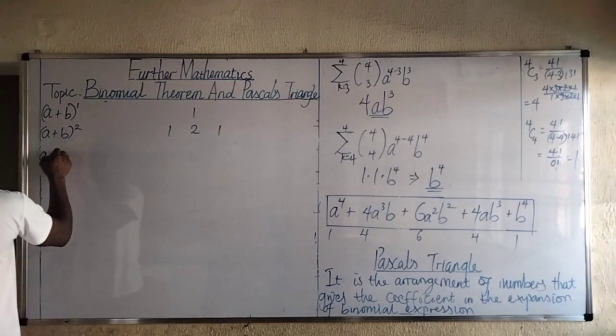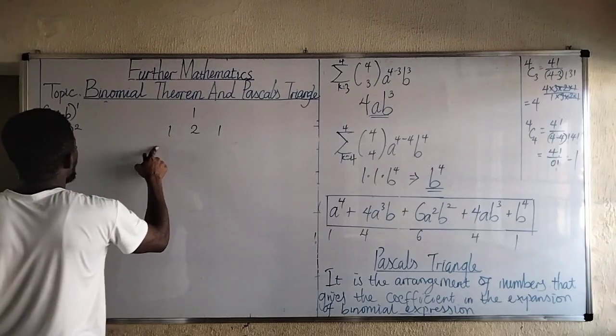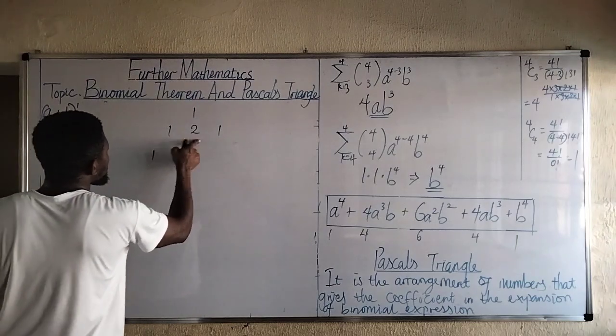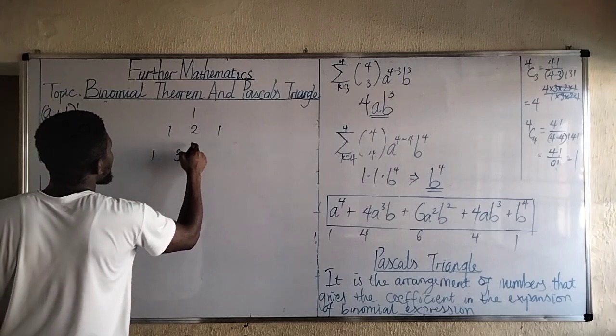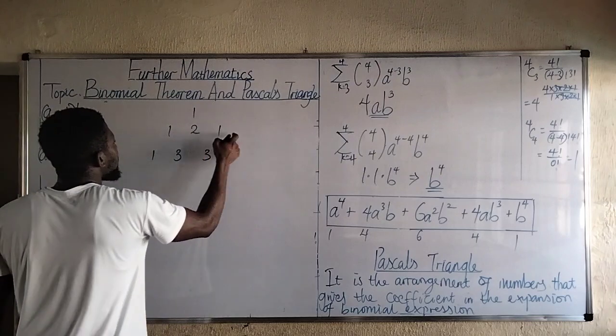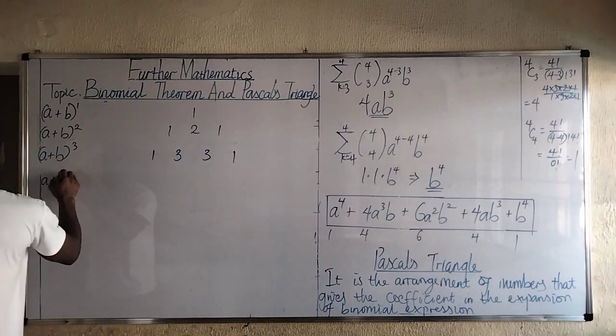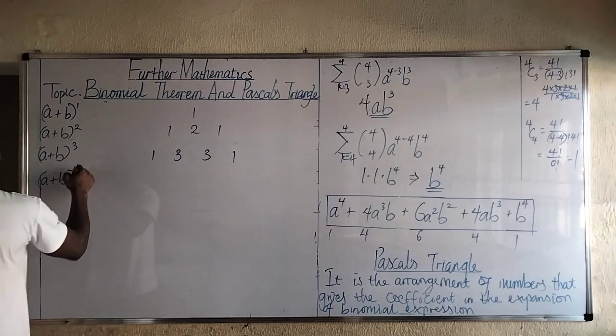We have (a + b) to the third power. We have 1 plus 2 will give us 3, 2 plus 1 will give us 3, and we end it with 1. Next is (a + b) to the fourth power.